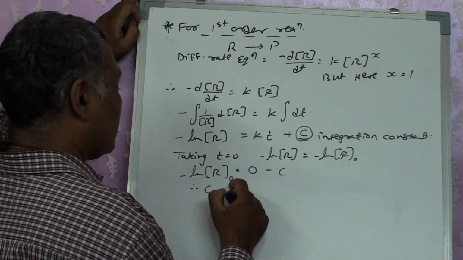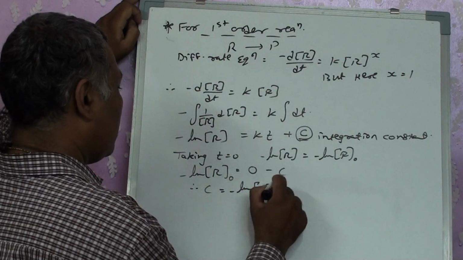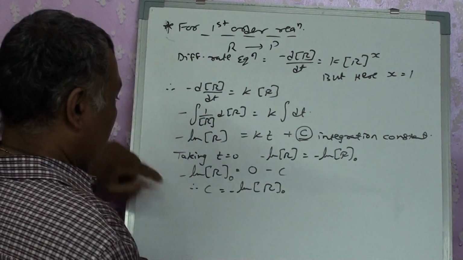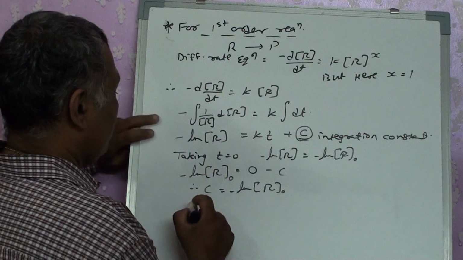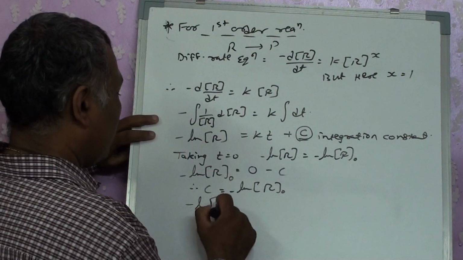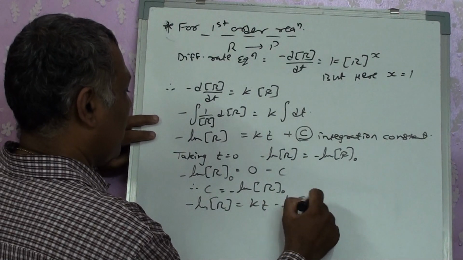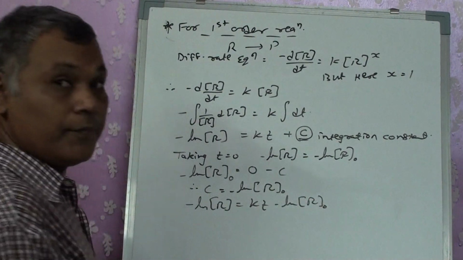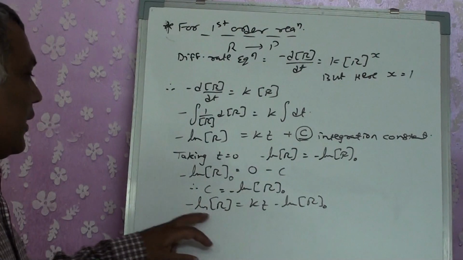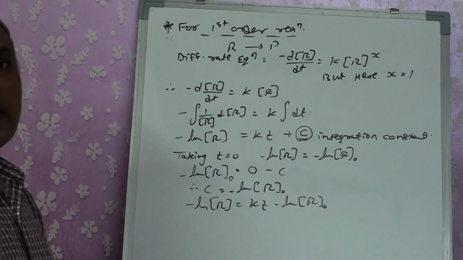Therefore C is equal to minus ln R naught. Substitute the value in the given equation, you will get ln R is equal to minus kt minus ln R naught.